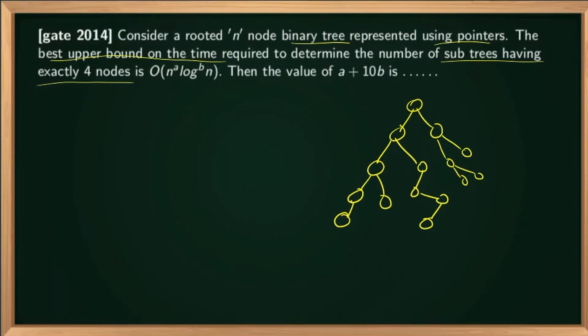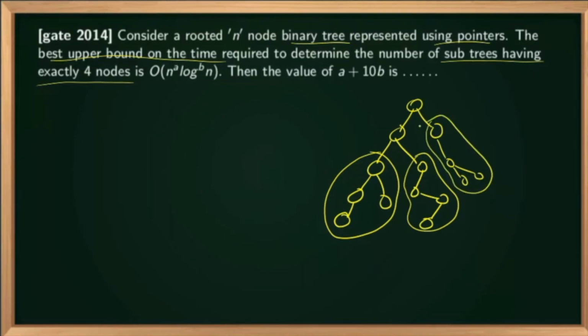If you see, this subtree is having exactly 4 nodes. Similarly, this subtree has exactly 4 nodes. Maybe I'll delete this. So this subtree is also having exactly 4 nodes. So we have to find the number of subtrees having exactly 4 nodes.